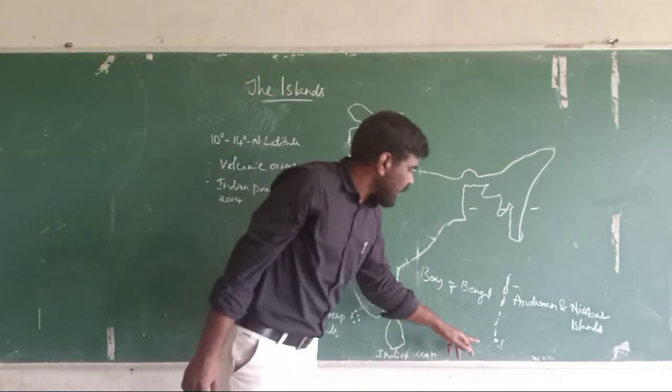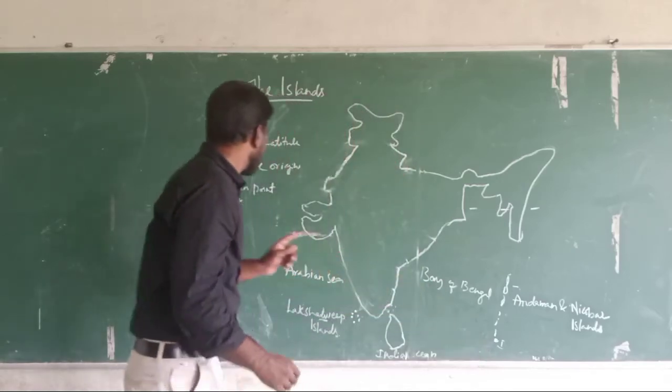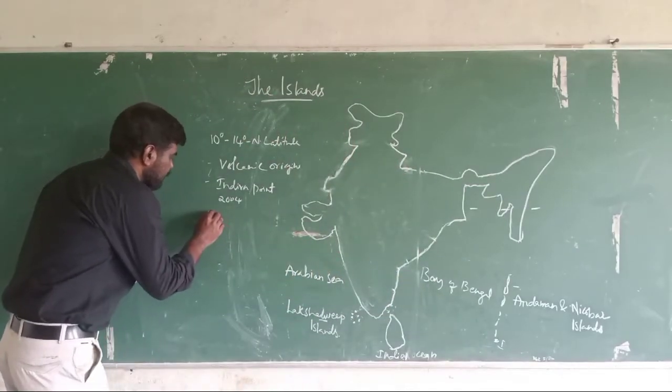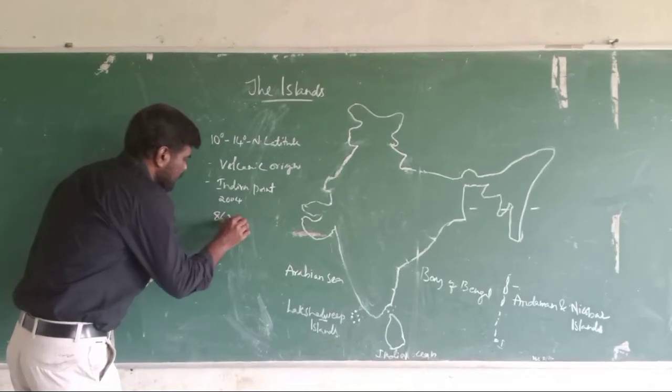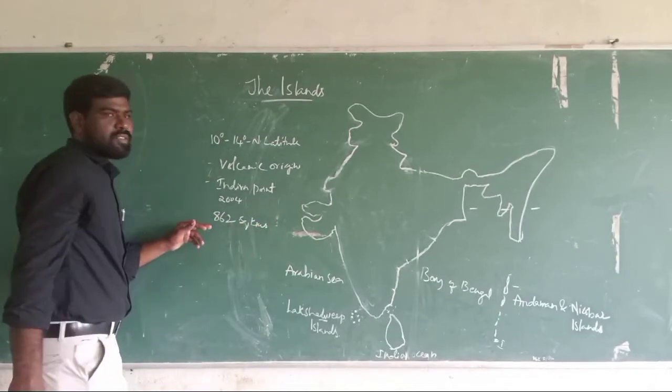The largest island is Great Nicobar Island, with an area of 862 square kilometers.